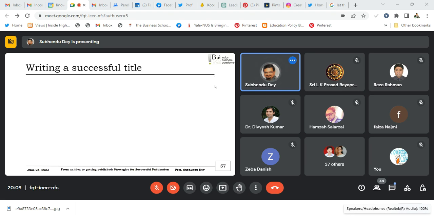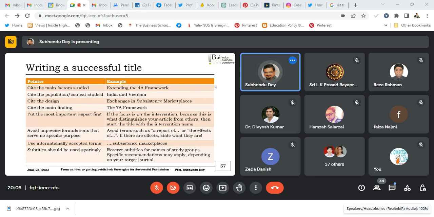So if you look at the pointers I've put, please take these pointers, and when you write your title, use them. In any case, I'll also be giving you, as I said, a checklist which will have components of each of the elements of a research paper.